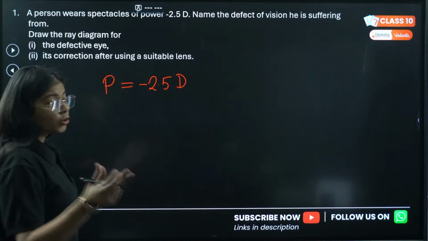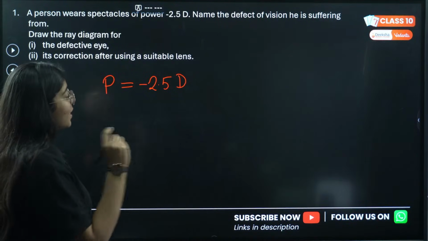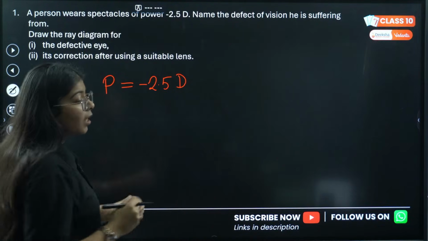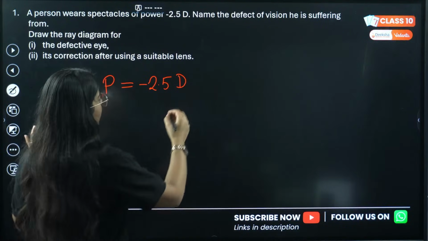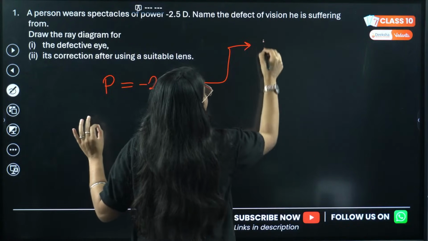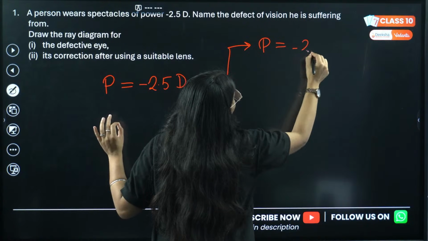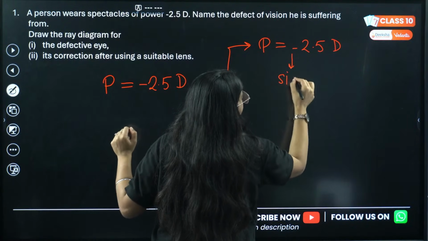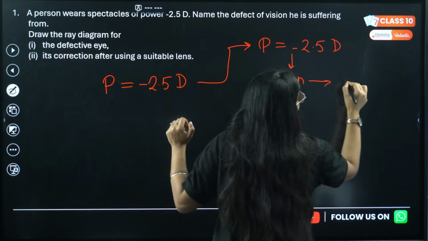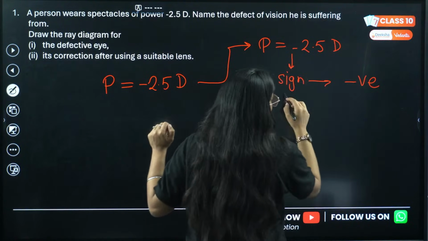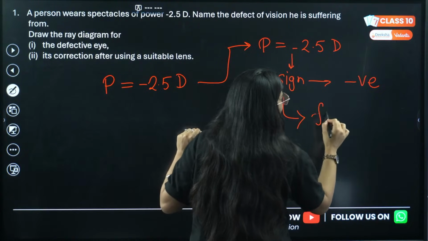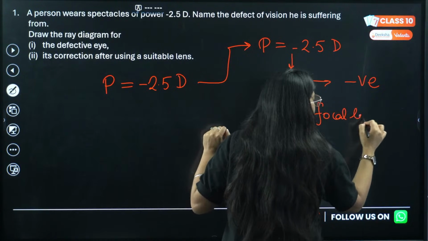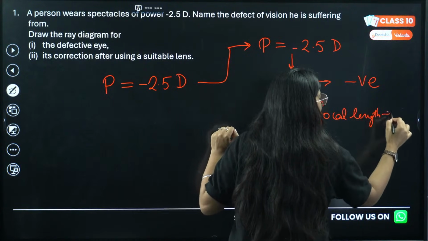So, how to tackle this question? See the thinking, see the approach very carefully. What is given? When power is given, always check the sign of power first. The sign is negative. That means if power is negative, focal length is also negative. Correct?